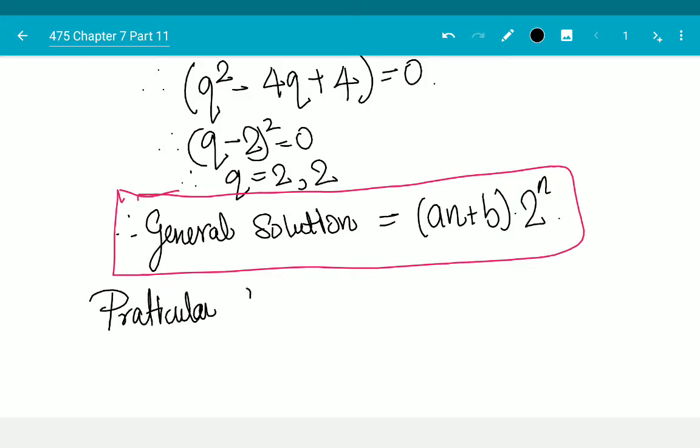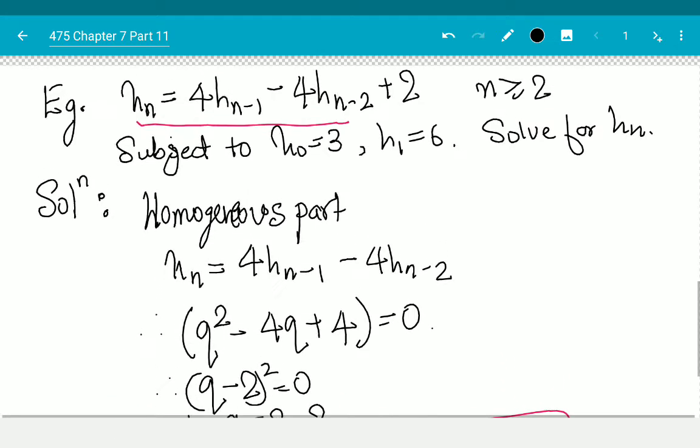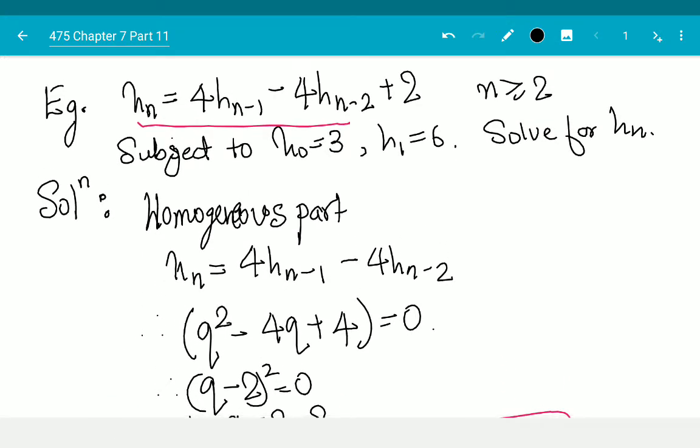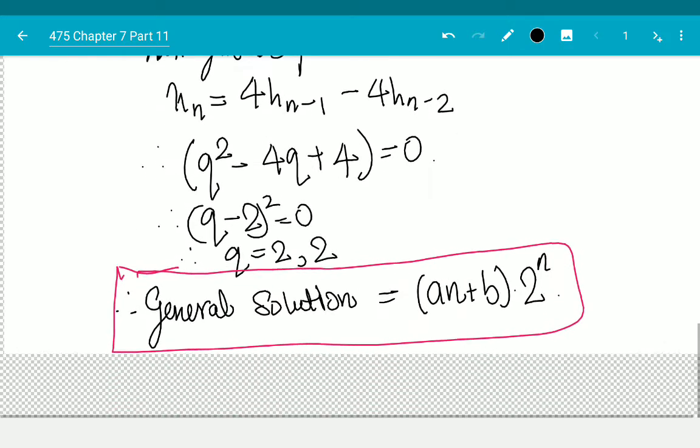In my original formula, comparing to a h_{n-1} plus b h_{n-2} plus c, c is equal to 2.